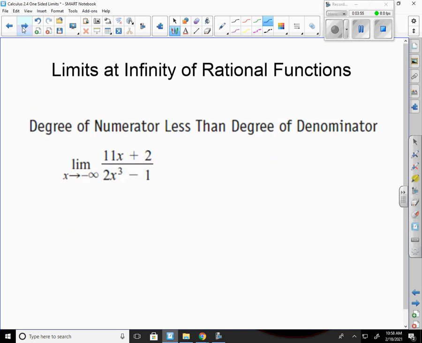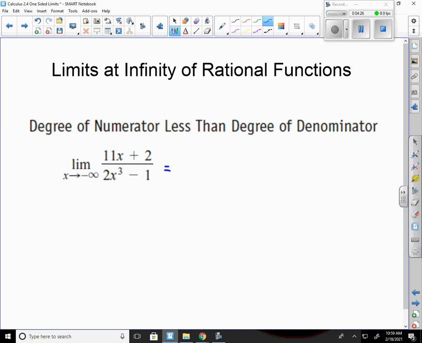So let's move forward now and look at when the degree of the numerator is less than the degree of the denominator. I'm really going to go through the same process here. I'm going to find my highest degree. That would be this x to the third. And I'm going to divide every term in the problem by x to the third.